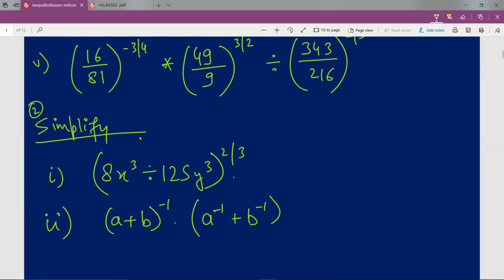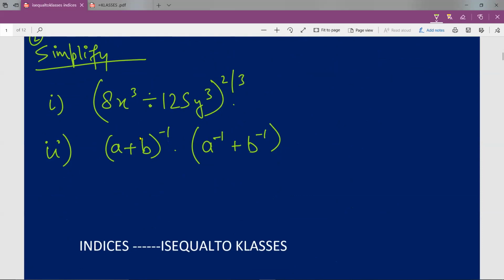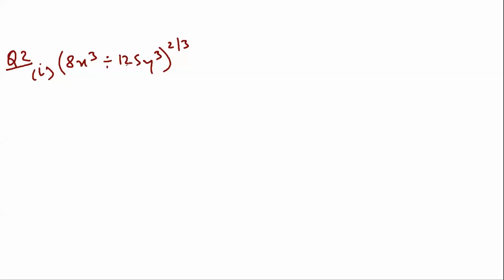Let's start. So the second question is: simplify (8x cube divided by 125 y cube) whole raised to power 2 by 3. You can note down this question and we will start this question on the other screen. So (8x cube divided by 125 y cube) whole raised to power 2 by 3.